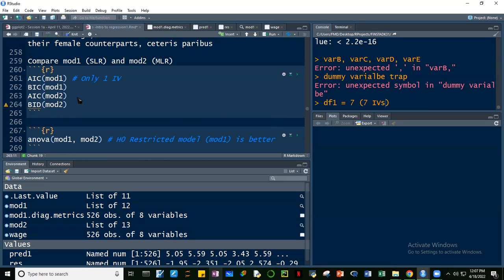Ito naman si Model 2 with 7 IVs. So kung sino yung mas konti na independent variable, ang tawag natin sa kanya, restricted model. Ito naman yung unrestricted.